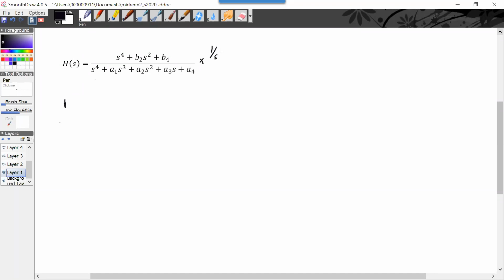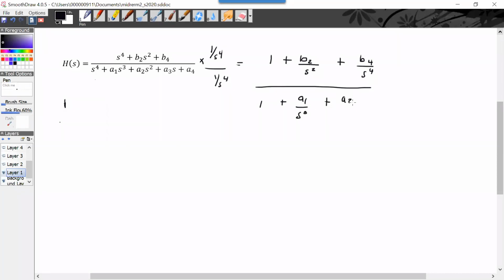I divide by the highest order of S, which is 4, which will now transform the equation into this.